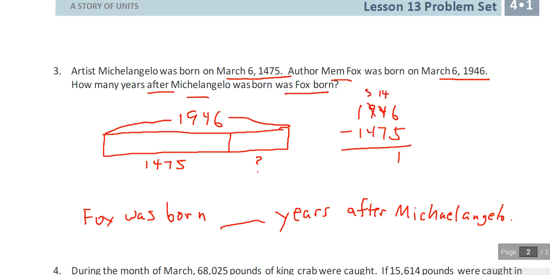Makes that 8 because we borrowed 1 from the hundreds to make 14 tens. So 14 take away 7 is 7. 8 take away 4 is 4. 1 take away 1 is 0. We don't have to write the 0. So our answer is, you got it. Fox was born 471 years after Michelangelo.